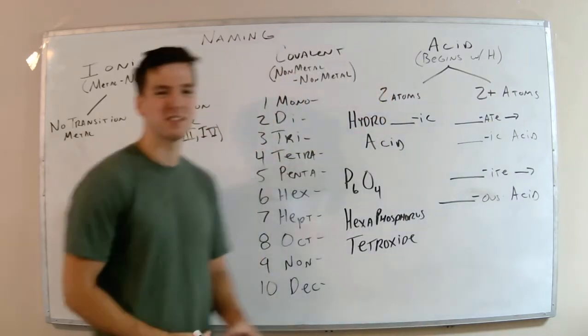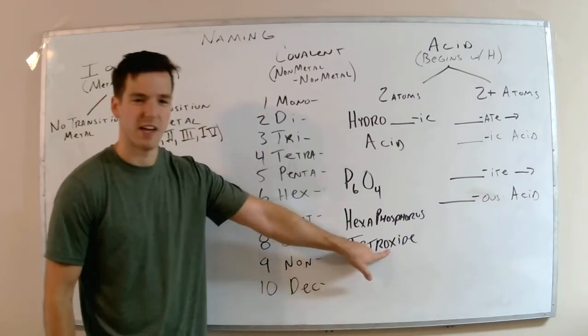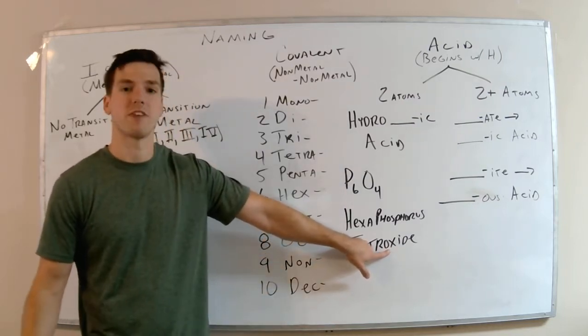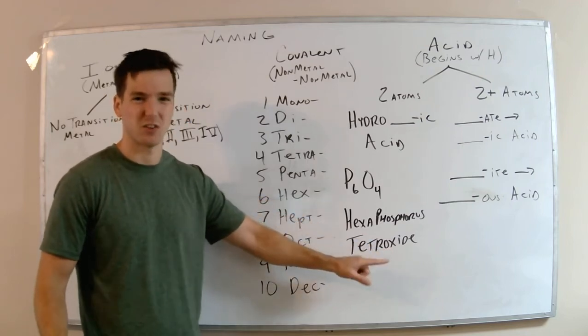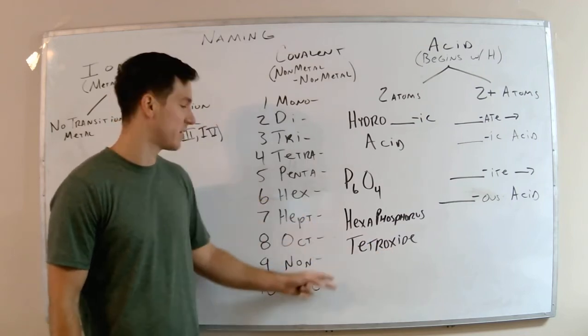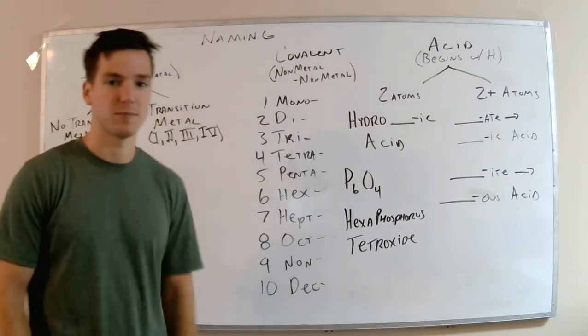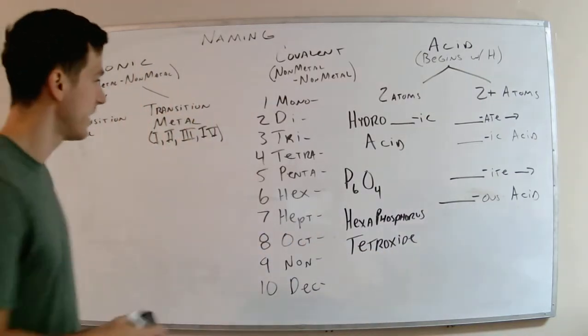If the element begins with a vowel, you usually don't want to put tetraoxide. That looks weird, putting an A and an O, so you just make it tetroxide. All right, so hexaphosphorus tetroxide.